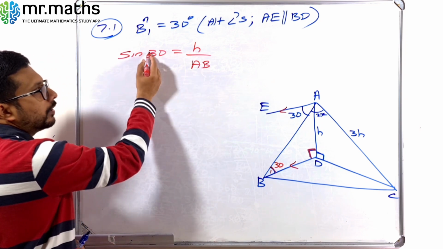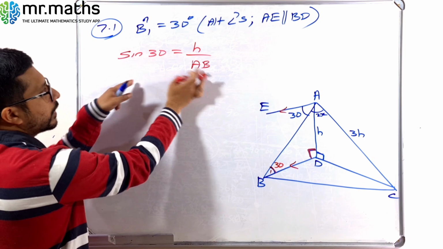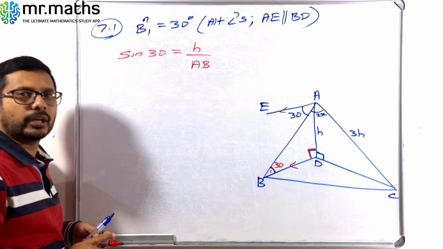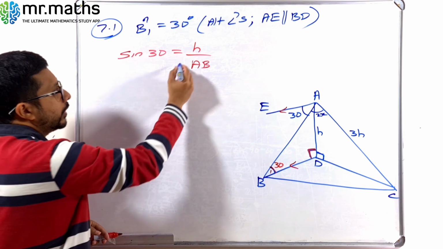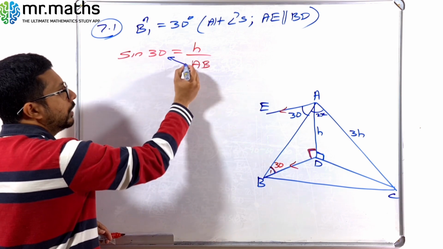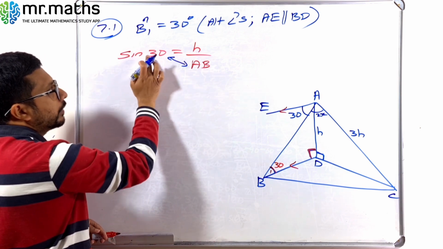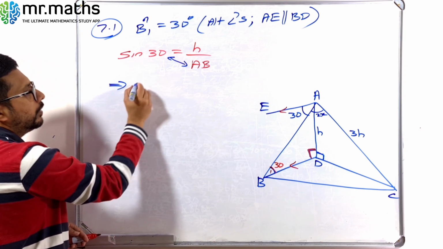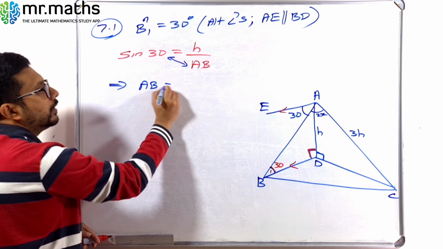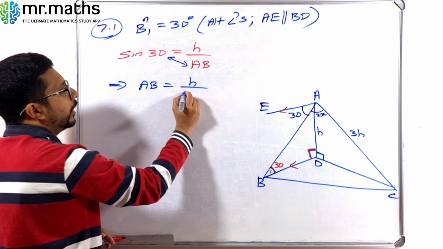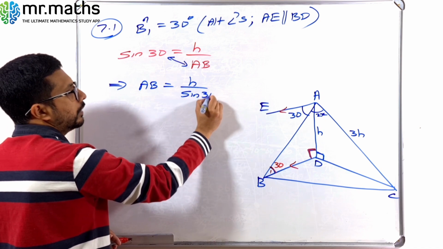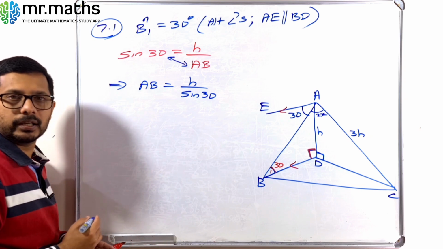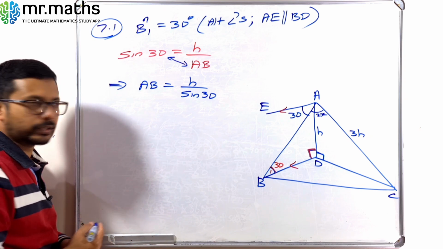From there, what is AB? You can swap these: AB will come here, and sine 30 will go there. You are in grade matric class, you have to understand that one. So it implies that AB is equal to h divided by sine 30. What is the value of sine 30? It is a special angle. Sine 30 is 1 over 2.